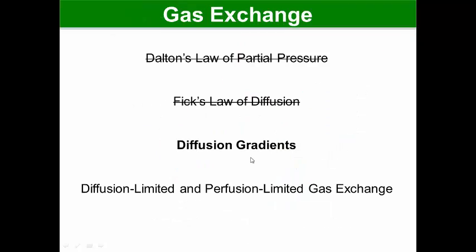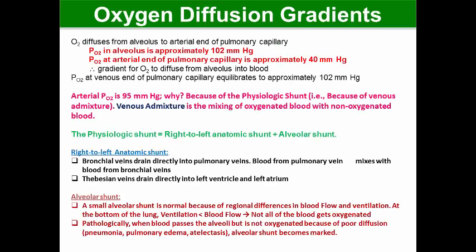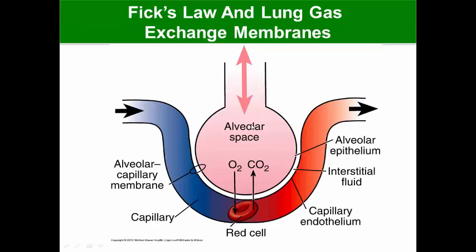Okay? So now let's describe again the diffusion gradients for oxygen and carbon dioxide in more detail. We mentioned that oxygen diffuses from the alveolar air to the arterial end of the pulmonary capillary. The arterial end of the pulmonary capillary is this end, where we have deoxygenated blood, because we have here the pulmonary artery.